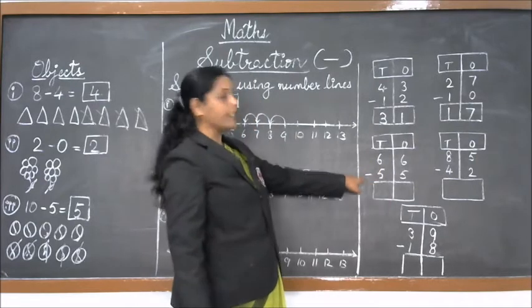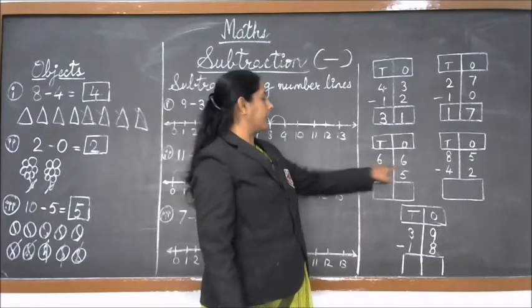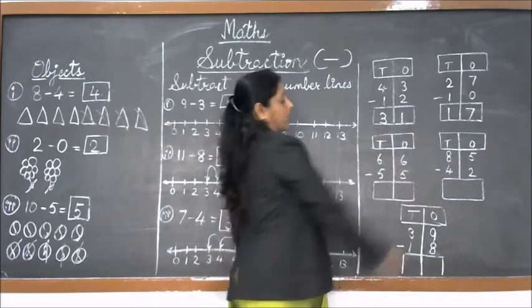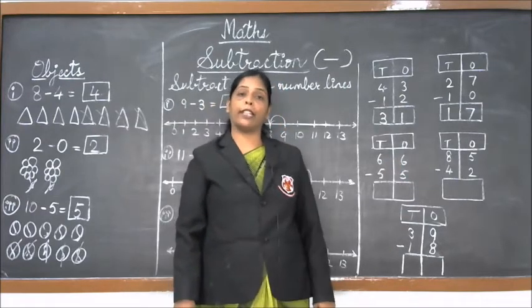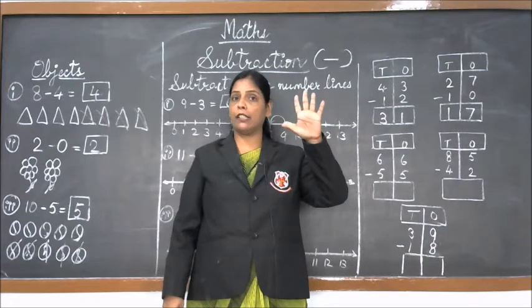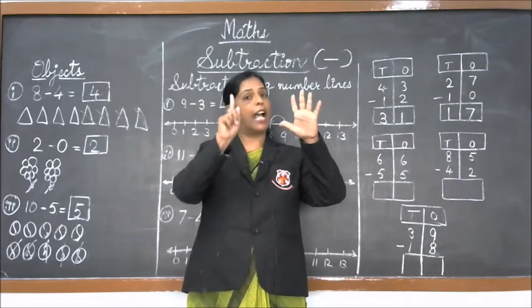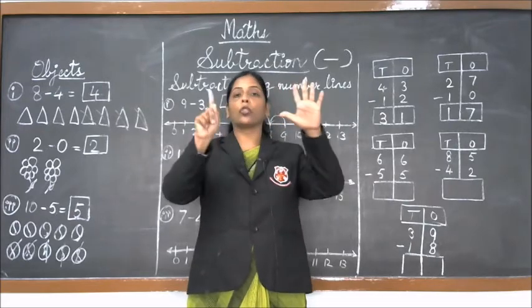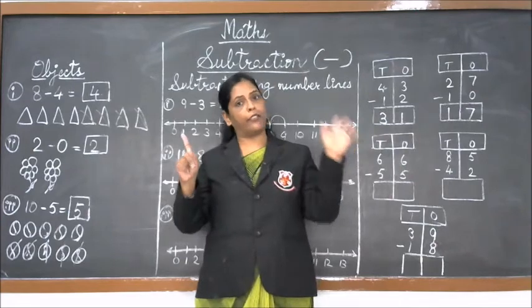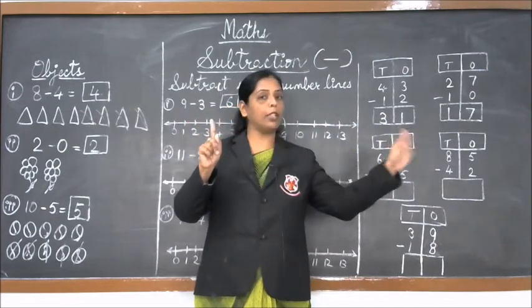Right? Look at this third sum. 66 minus 55. Again, 6 minus 5. So first what you need to do is take out 6 fingers. In one hand we have 5 fingers and in another hand I am using one more finger. So total it is 6. Now out of 6 I have to take out 5. I have to remove 5 completely from 6.